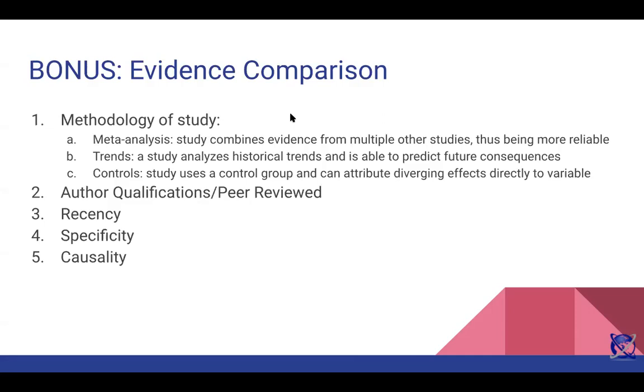The last three are relatively self-explanatory. If evidence is more recent, usually that's going to be more important or more up to date. This is especially true for any arguments that are about current events.